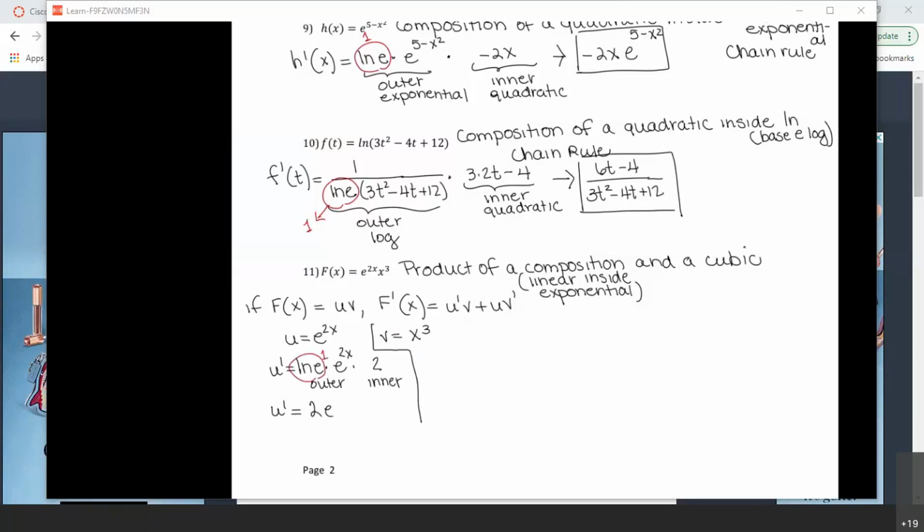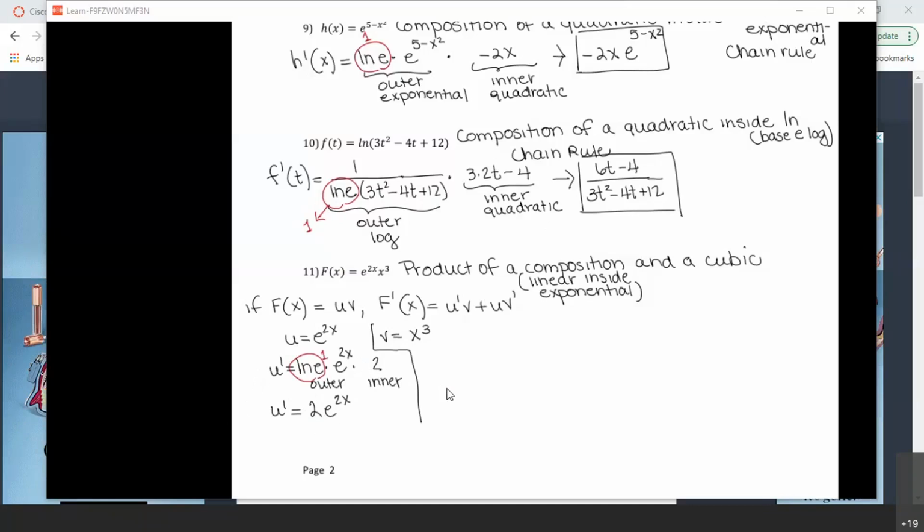I have 2e to the 2x. Everybody all right with it? I'm showing you all of this because I want you to see I'm reapplying the same pattern over and over again for differentiating an exponential. It's just when your base is e, things are a lot simpler.